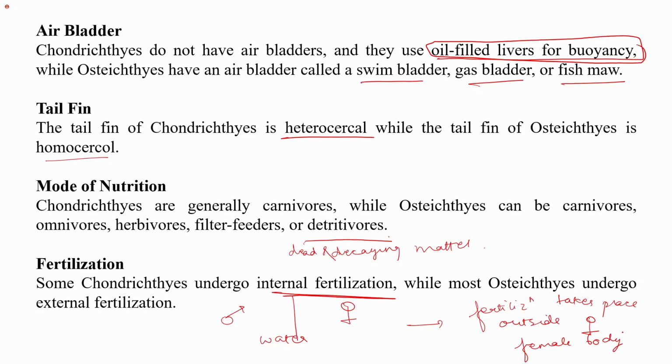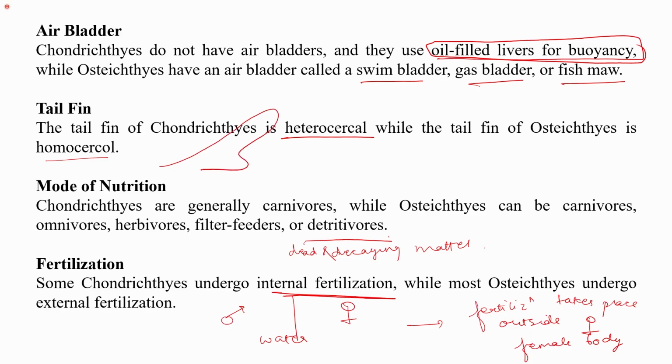So, as I was mentioning, the tail fin of the chondrichthyes is heterocercal, and the tail fin of the osteichthyes is homocercal. If I want to draw it, you can consider this: it is not symmetrical.